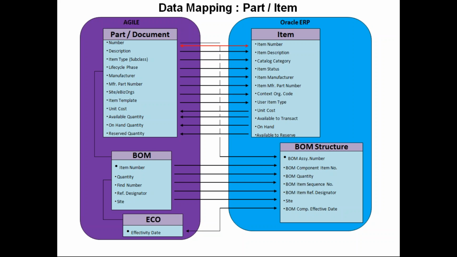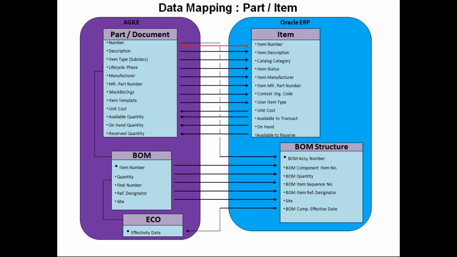The bill of materials is another aspect, obviously. With the bill of materials in the Agile world, the information is typically going to be coming from there and flowing into the bill of materials structure that's kept track of in Oracle ERP. Where does that number come from?